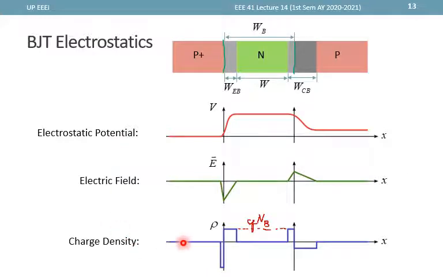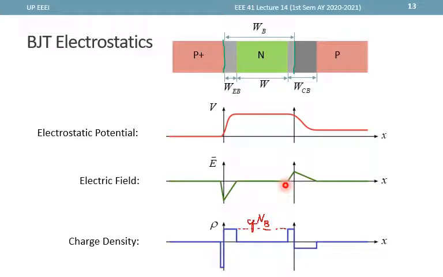So from the charge density, we integrate it, so we get an electric field. We integrate a negative charge density, we end up with a negative electric field. Therefore, the electric field is pointing leftwards, or from the N side to the P side.